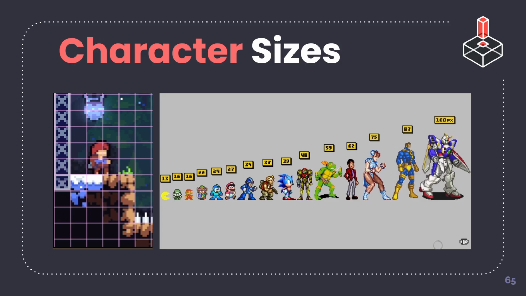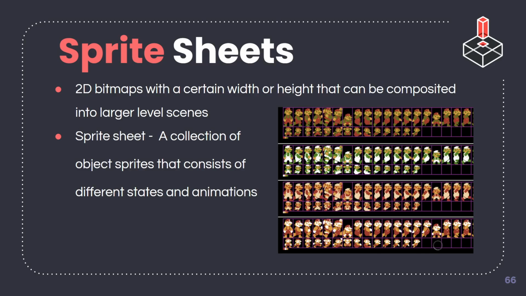Okay, now on to sprite sheets. Sprite sheets are 2D bitmaps with a certain width and height that can be composited into larger level scenes. Compiling all animation states of an object into one sheet is what we call a sprite sheet. Using sprite sheets improves game performance, as the more files you upload into the program, the longer it takes to retrieve and transfer data.